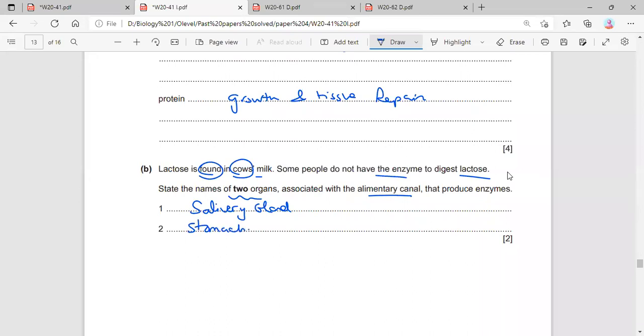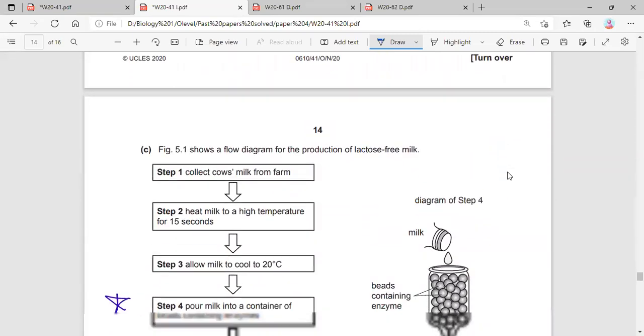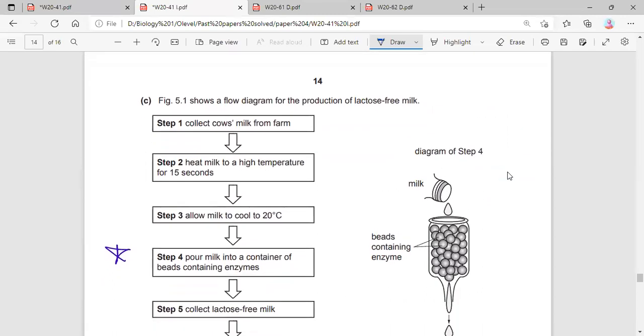Pancreas produces the pancreatic juice with all its enzymes. Or I can say the small intestine because it produces the maltase enzyme. Mouth is wrong because the mouth does not produce the enzymes. The salivary glands produce the enzymes which work inside the mouth.